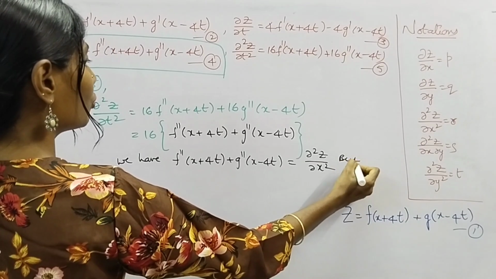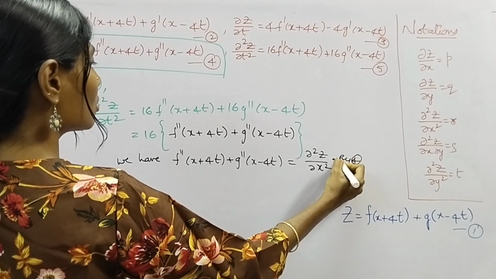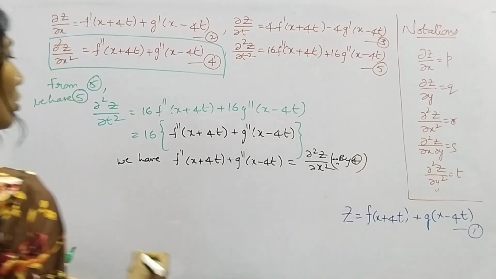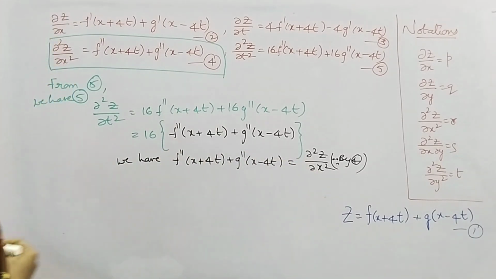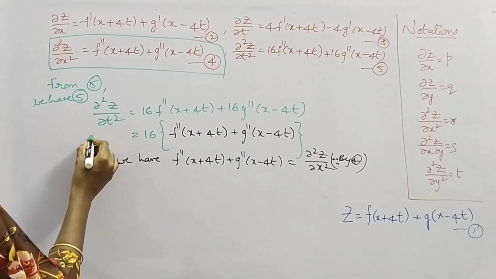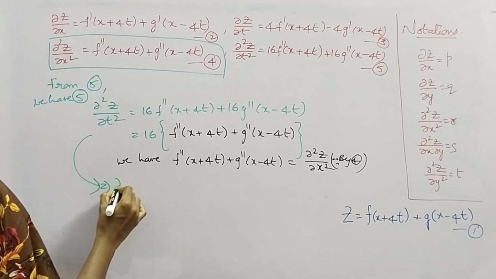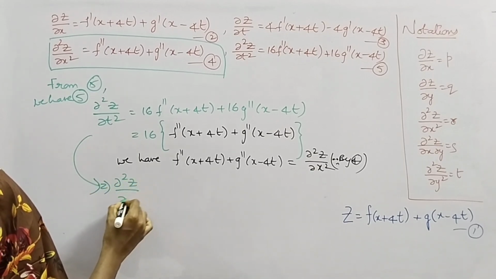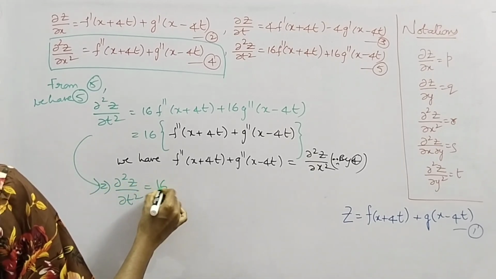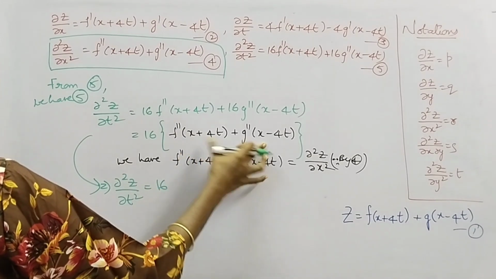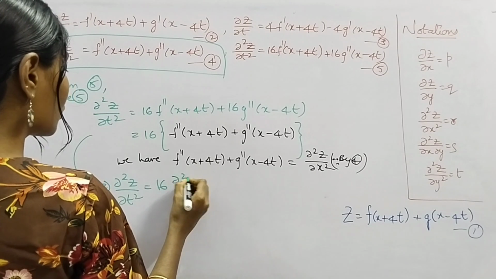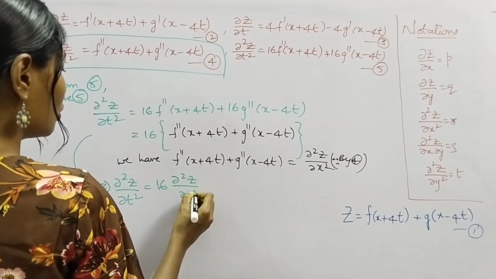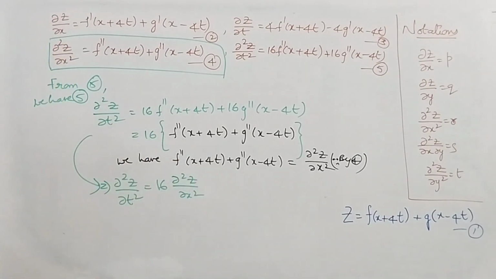So we'll just replace this by dou square z by dou x square. Then this becomes dou square z by dou t square equal to 16 into dou square z by dou x square, right?